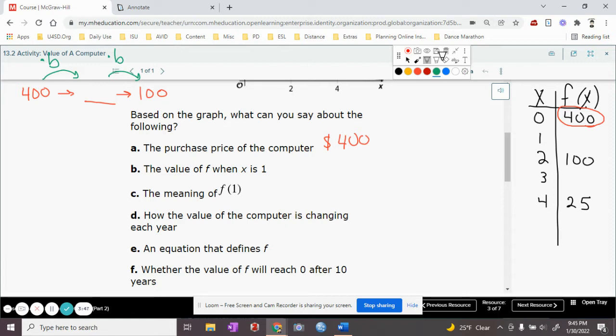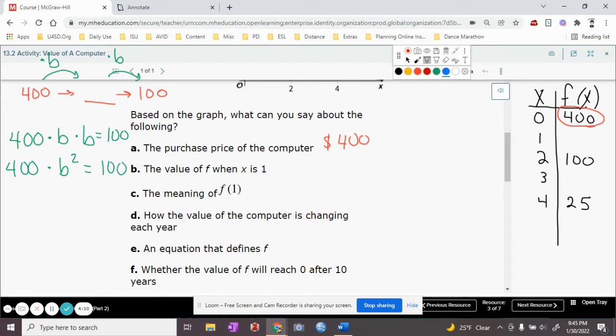And repeated multiplication, remember, we list as exponents. So here I'm doing 400 times b to get 100. So 400 times b squared equals 100.